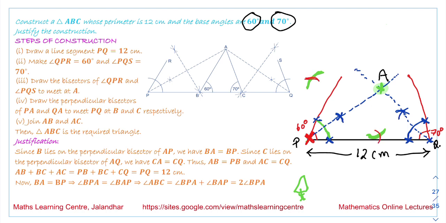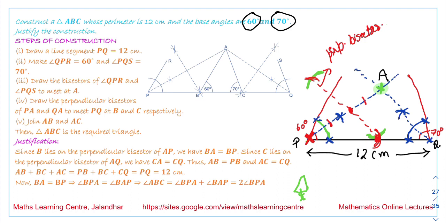When we join these 2 points, this line is the perpendicular bisector. This point over here is the midpoint of these 2, and this is the point where this perpendicular bisector meets the line PQ.